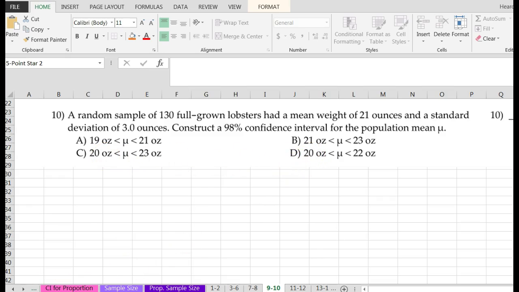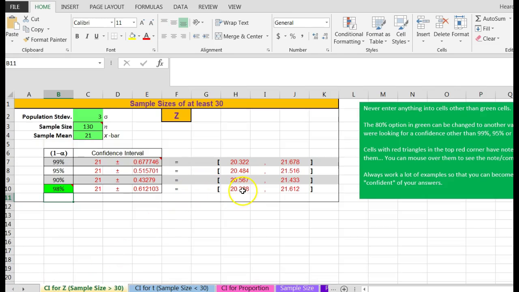All right, let's look at that again. I wasn't paying attention to the rounding. I'm supposed to round it to the same number of places as the mean, I think. So 20.4 would be 20. 20.38 rounds to 20. 21.6 rounds to 22.